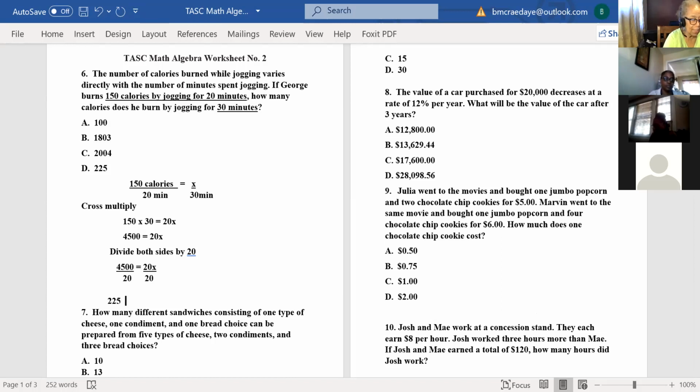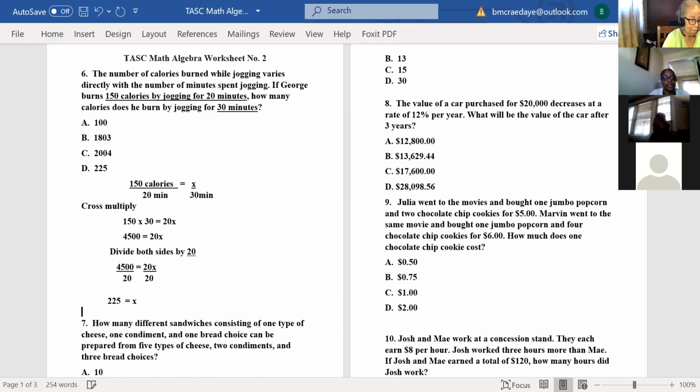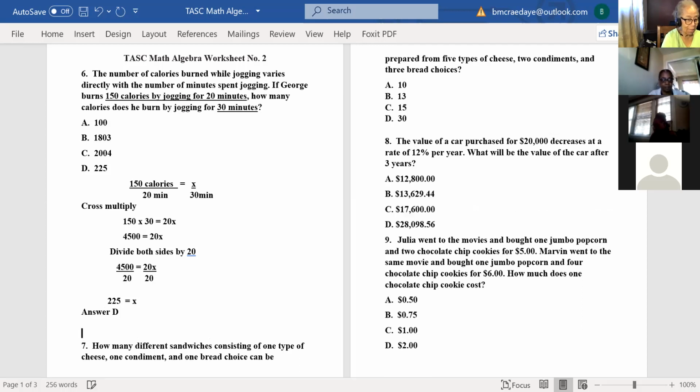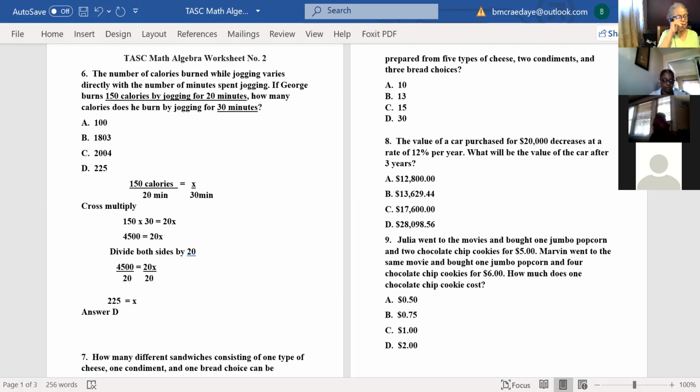And 20x divided by 20 is 20 over 20, which is 1x, and we just call it x. So our answer is what? D, as in dog. That's right. That's our answer.